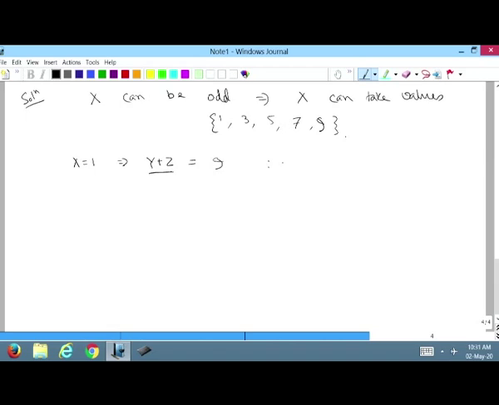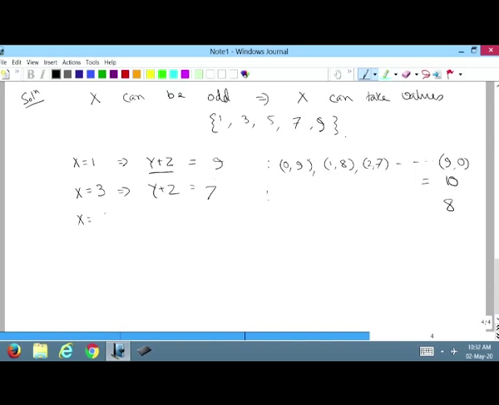So, the number of cases is 0, 9, 1, 8, 2, 7 up to 9, 0, that is 10. And if we understand therefore that y plus z is equal to k implies there are k plus 1 solutions, then we can easily find out x is equal to 3 implies y plus z is equal to 7. Therefore, number of solutions is going to be 8.